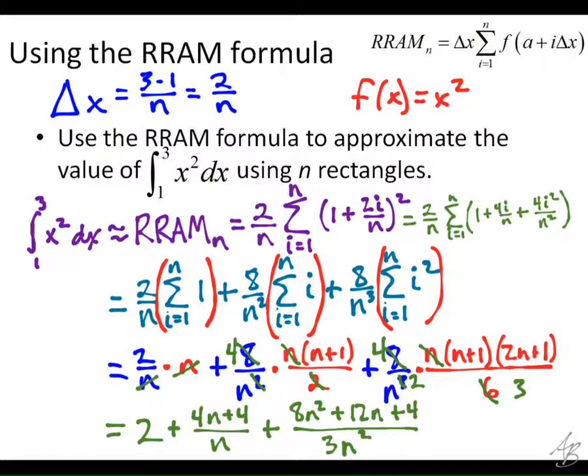And what can I do now? We could get a common denominator here, and so multiply this by 3n over 3n, and multiply the 2 by 3n squared over 3n squared.